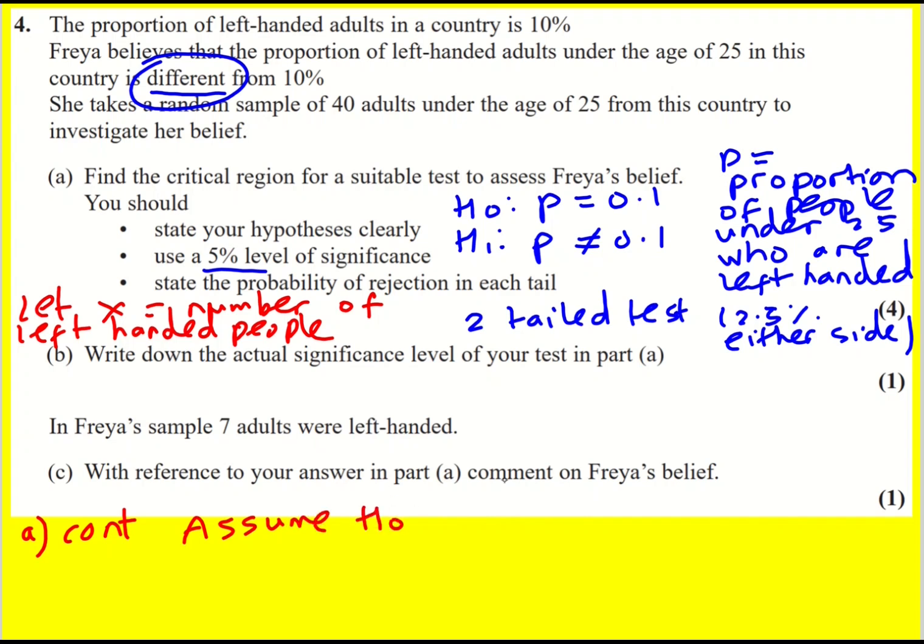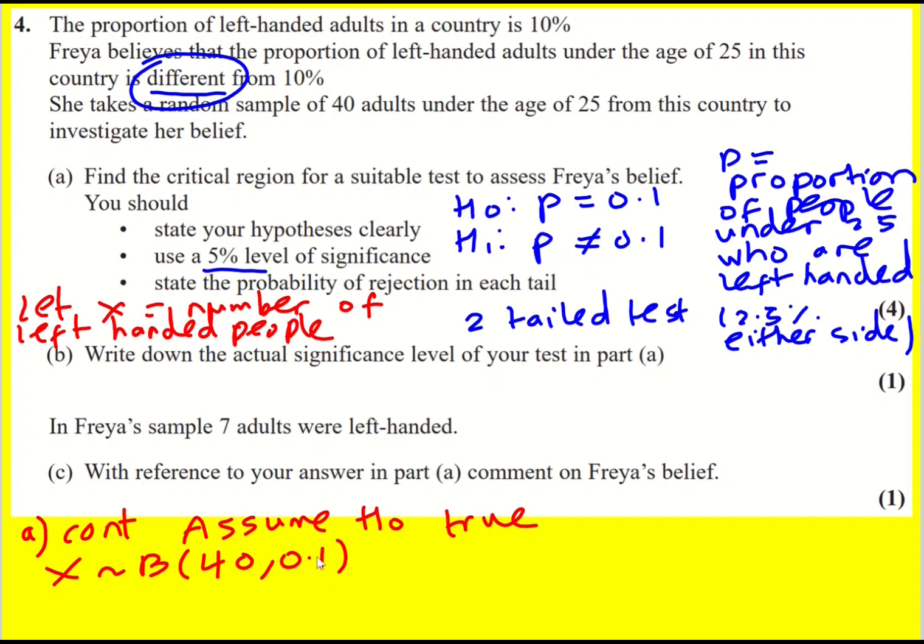Again, this sort of thing you get away with not writing, but we should assume H0 is true and then follow on from what that means. X will then follow a binomial distribution. We're picking 40 people, and the probability of success, picking any random person and them being left-handed, is going to be 0.1. Right, we are well set up now for our test to find the critical region.